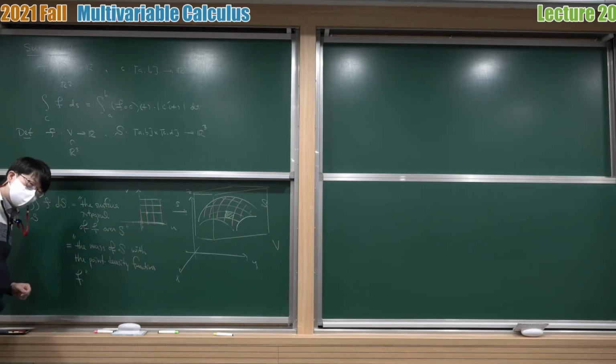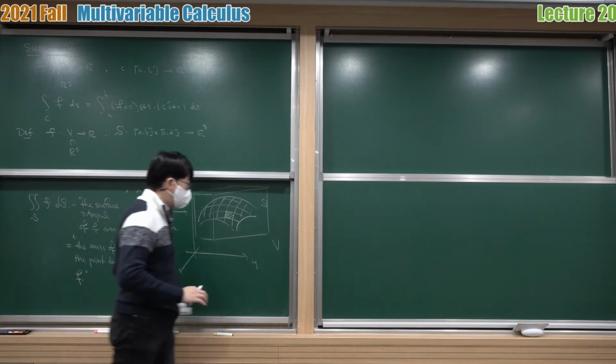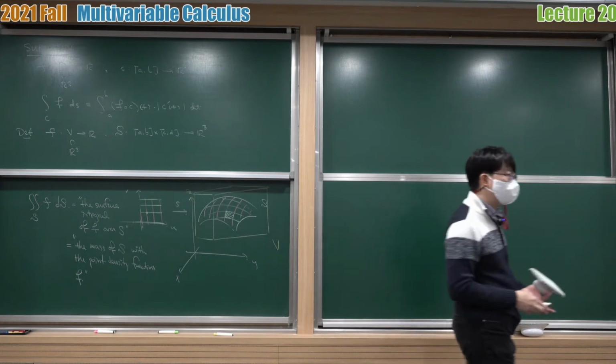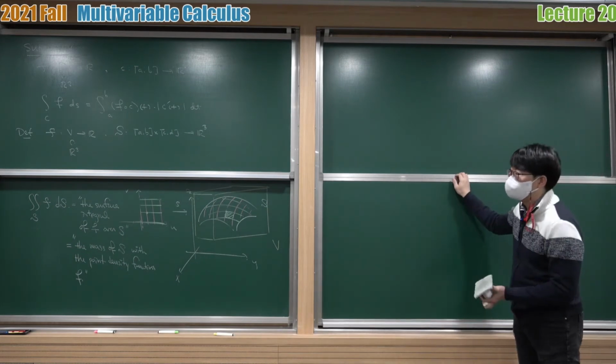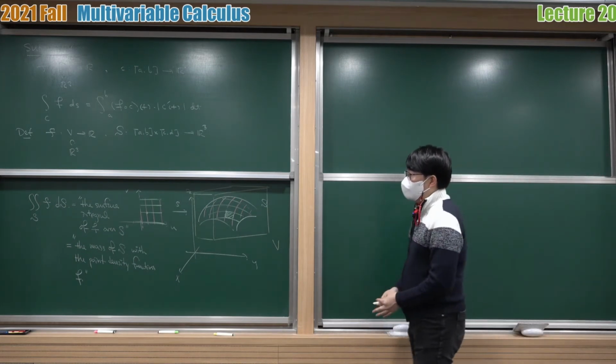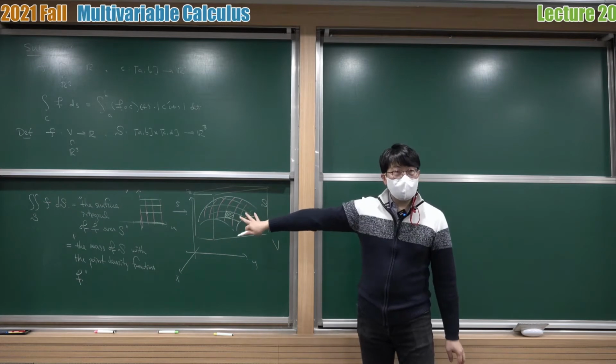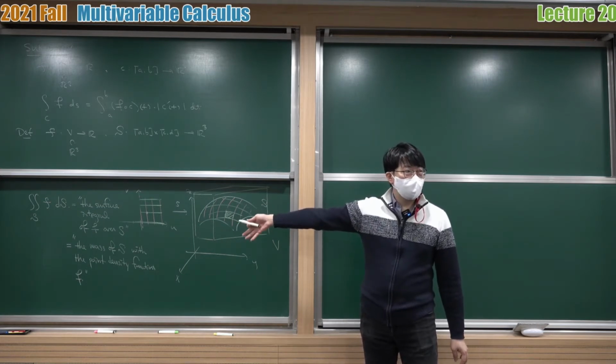Okay. So let's try to find out how we can compute that actual mass. So we have to start with the meaning first, okay, and then try to retrieve the formula that computes that meaning.